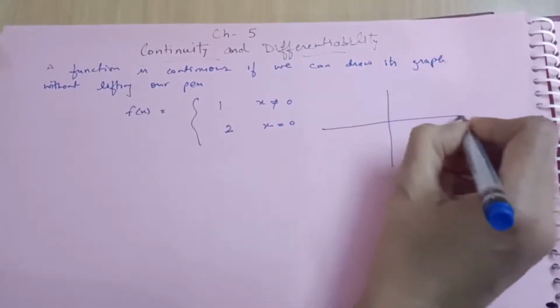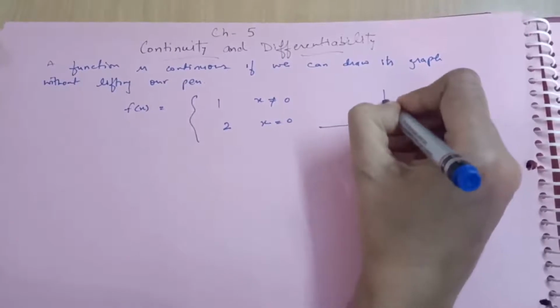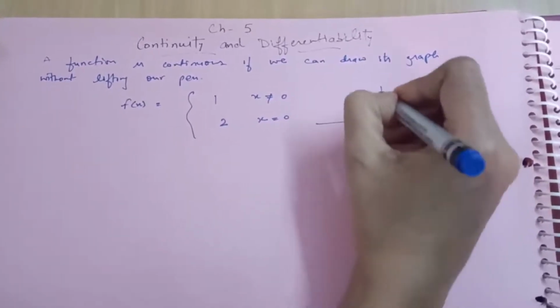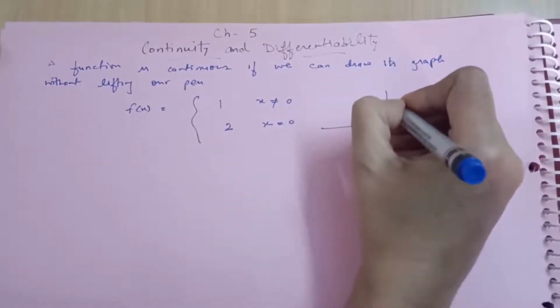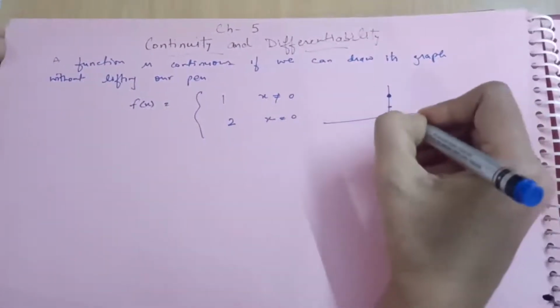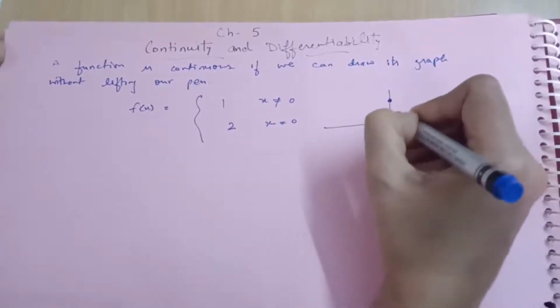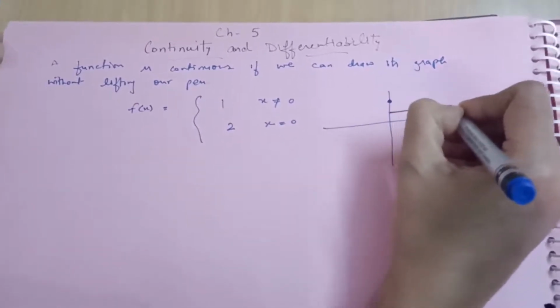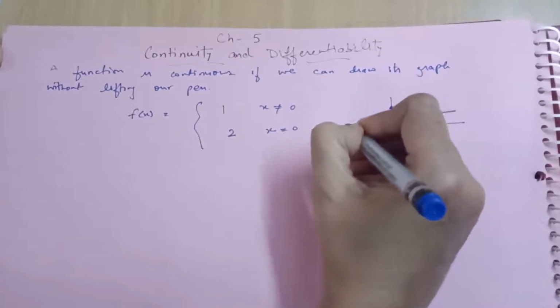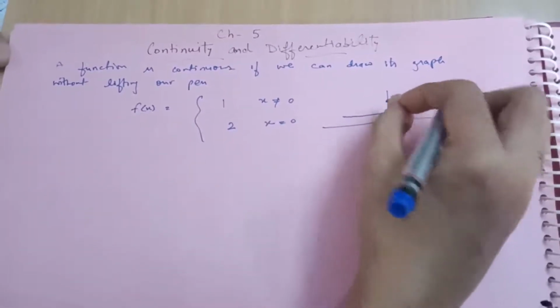At x equals 0, suppose this is 1 and this is 2. At x equals 0 the value is 2, so I make a dark circle. For x not equal to 0, any value, positive or negative, it is 1, so this is 1 and this is 1. But at 0 I will make a hollow circle.